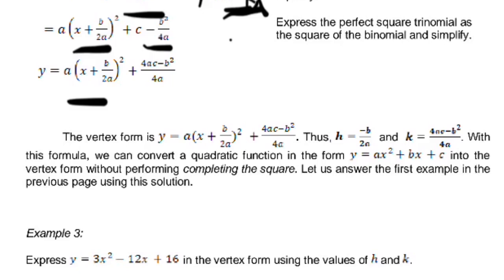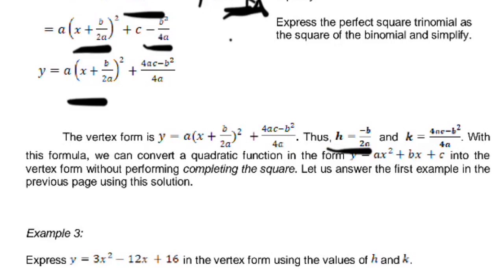Thus, we have h, the vertex, equal to negative b over 2a, and k as 4ac minus b squared over 4a. With this formula, we can convert a quadratic function in the form y equals ax squared plus bx plus c into the vertex form without completing the square.